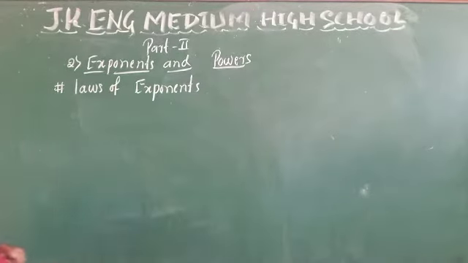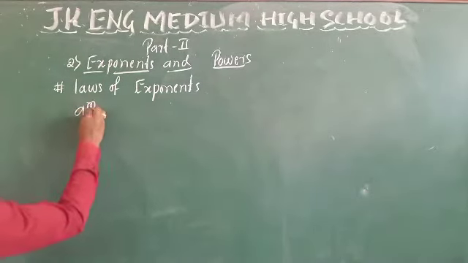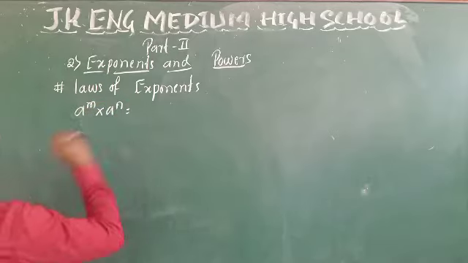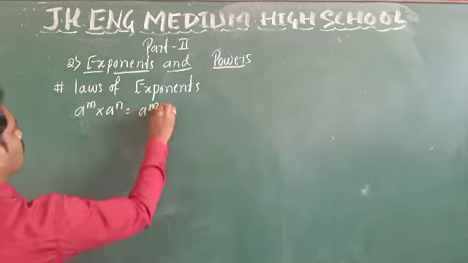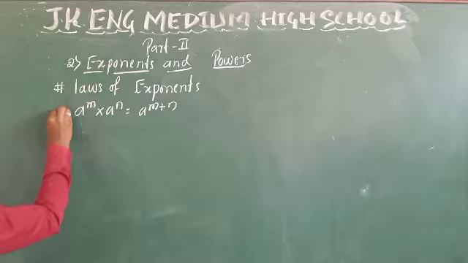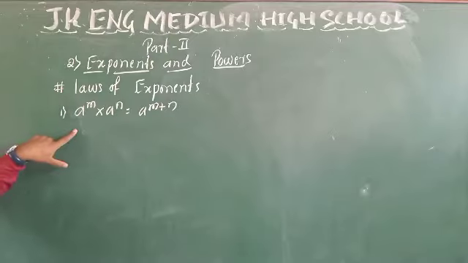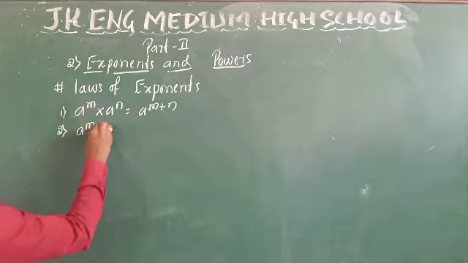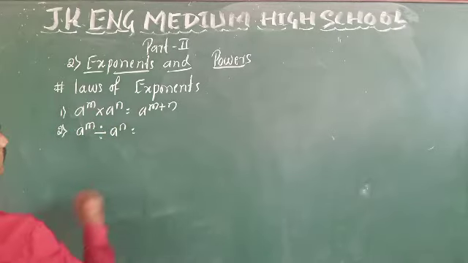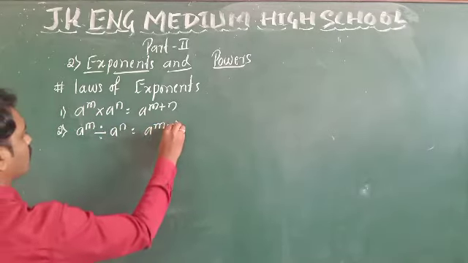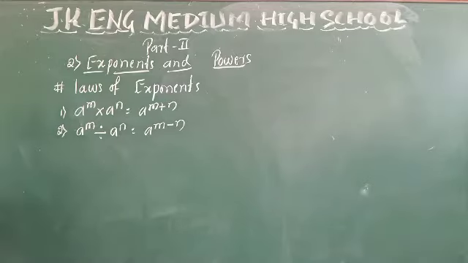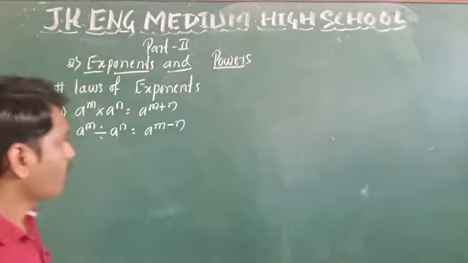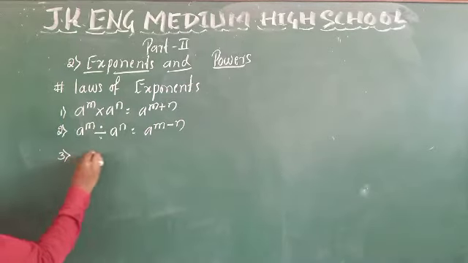Let us write one by one. a to the power m into a to the power n is equal to a to the power m plus n, law number 1. Second, a to the power m divided by a to the power n is equal to a to the power m minus n. Law number 2.